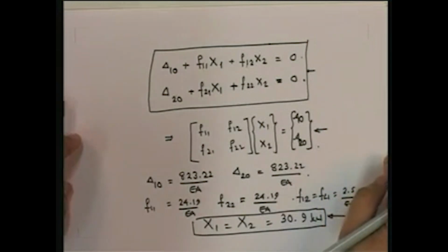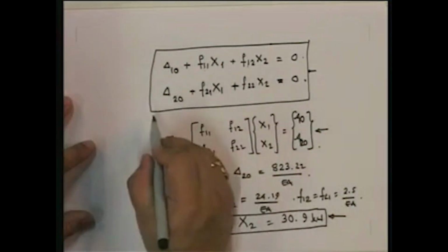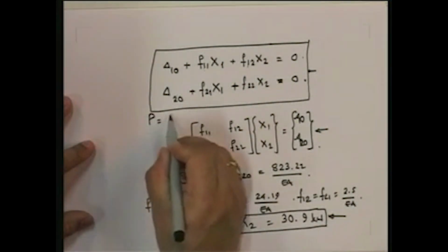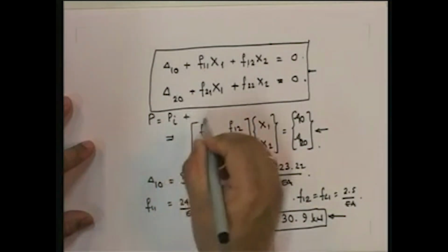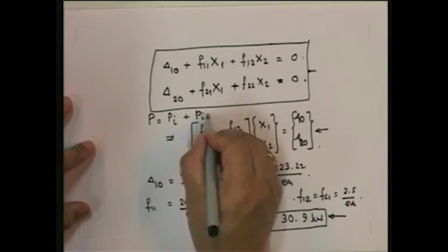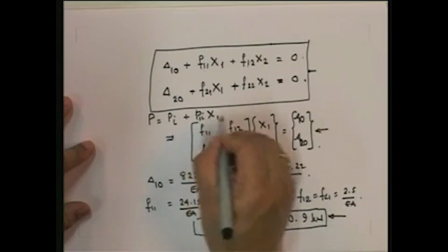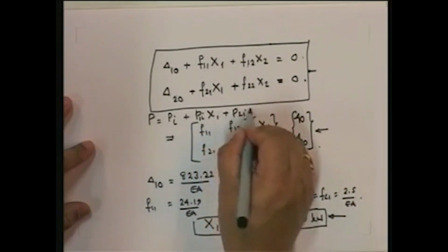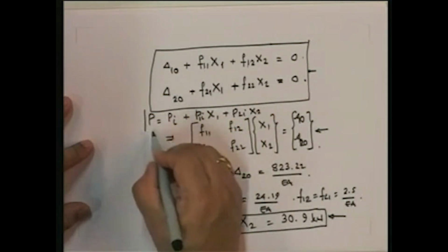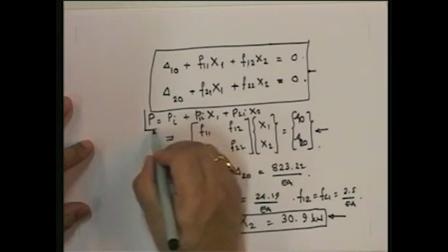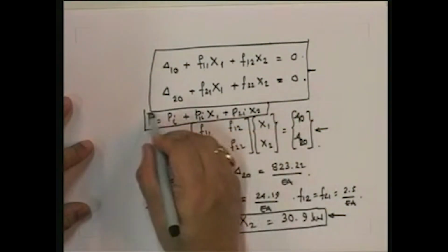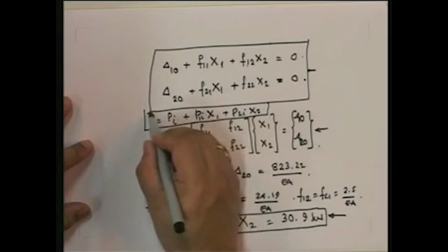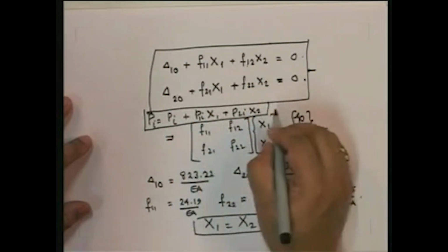Okay. So now how do I find out the force in all the members? The force in all the members is going to be equal to Pi plus P1i x1 plus P2i x2. I can find out the actual force in all the members in this fashion. This is in the actual structure.